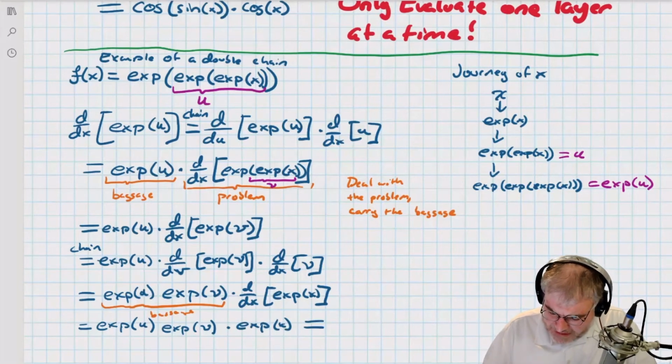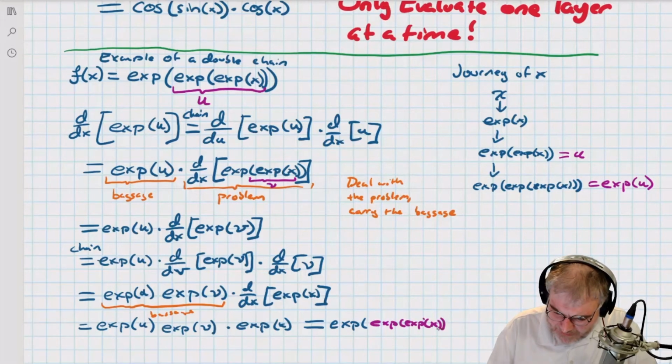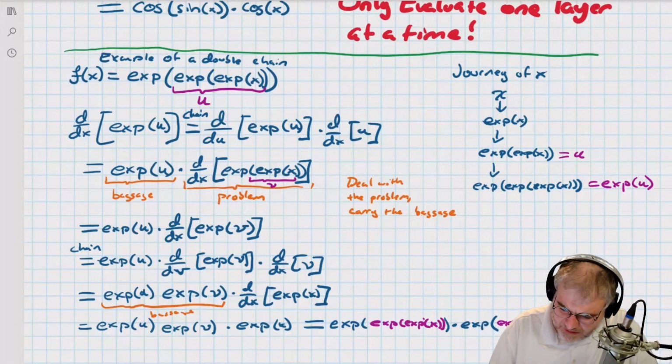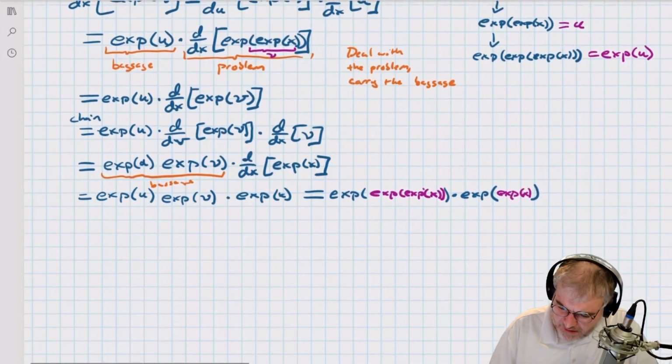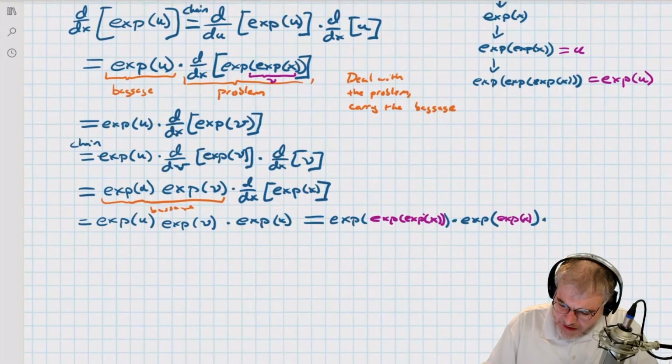Now my calculus is done. I just have to sub in what I did. So this became exp of exp of x times exp of v, and v was exp of x, times exp of x.